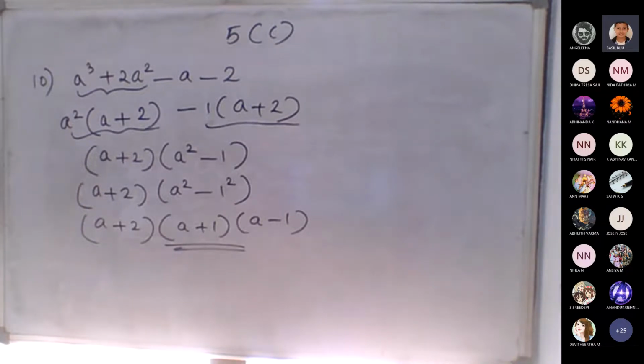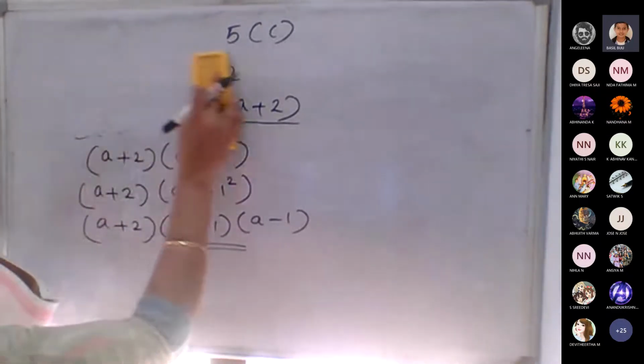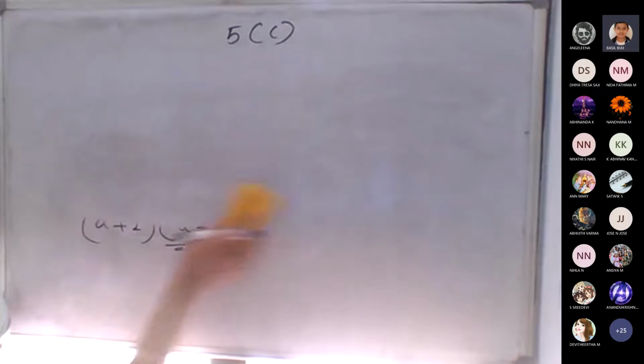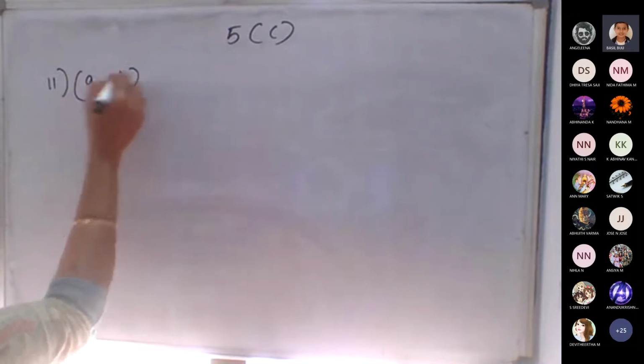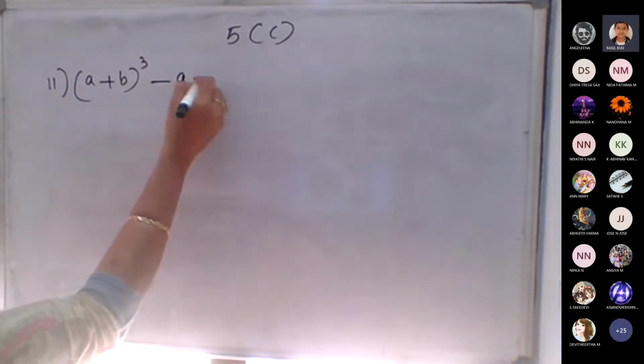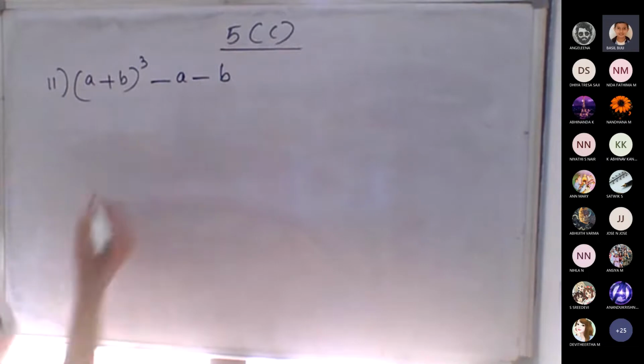11th question. a plus b whole cube minus a minus b.